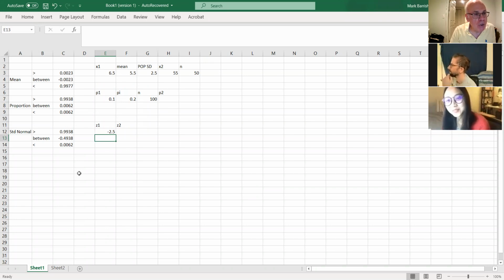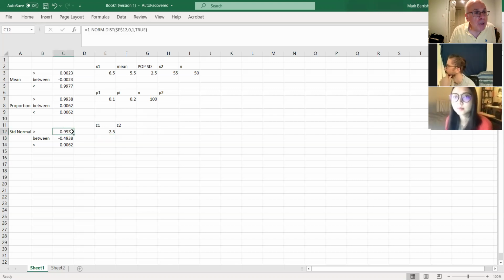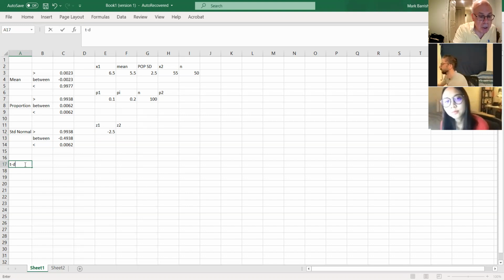Now, suppose we wanted to use the t-distribution in the same way as we use the standard normal. So I'm going to put t down here. I'll just add another section down here. We'll call it the t distribution.